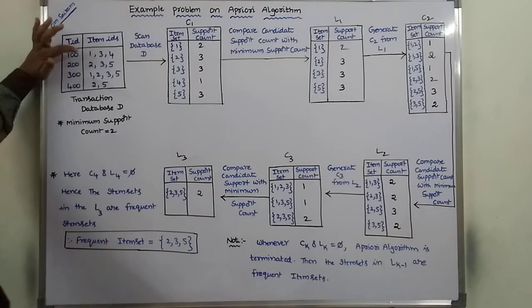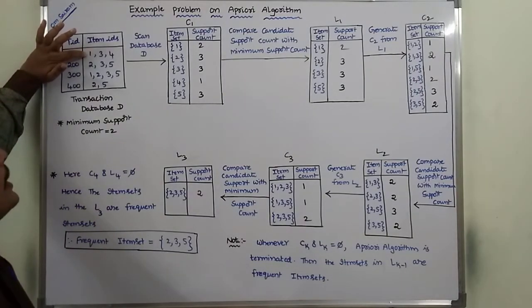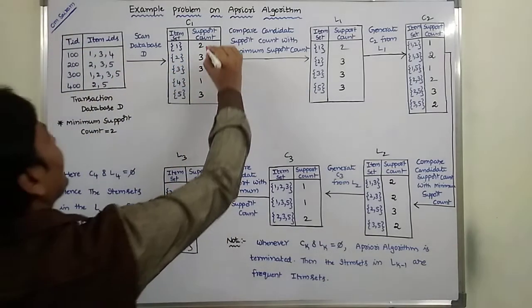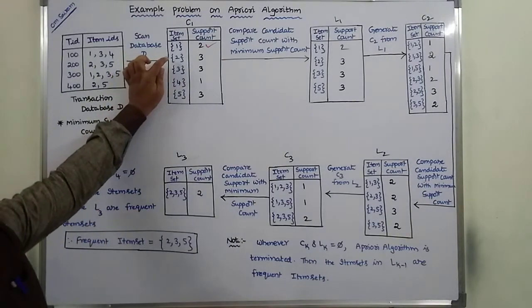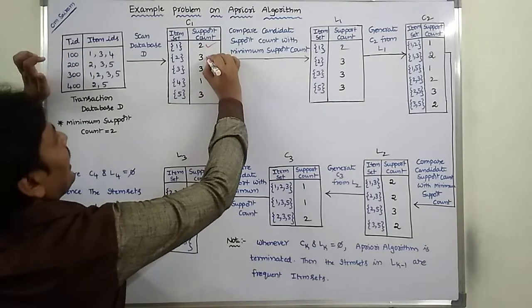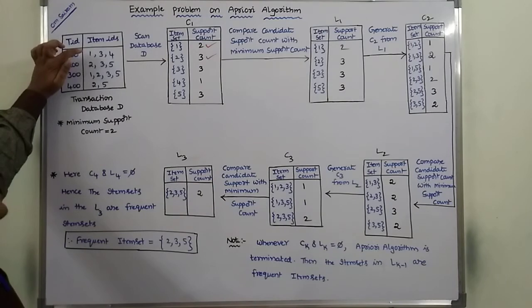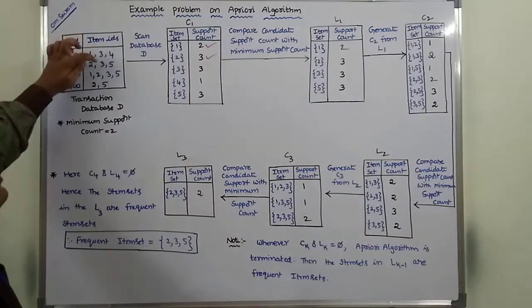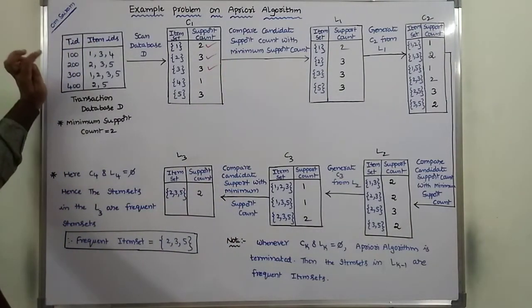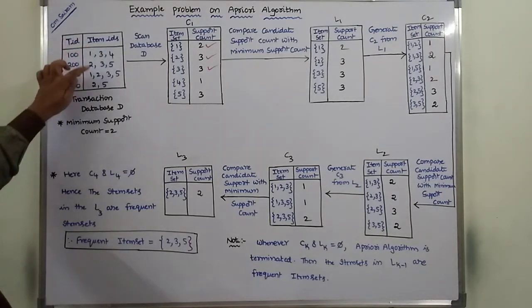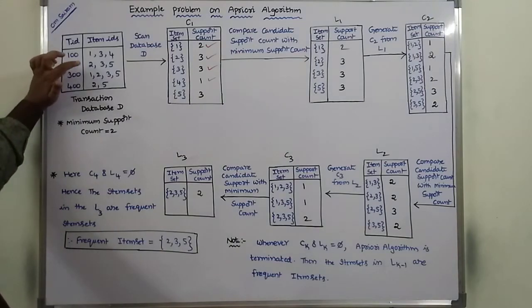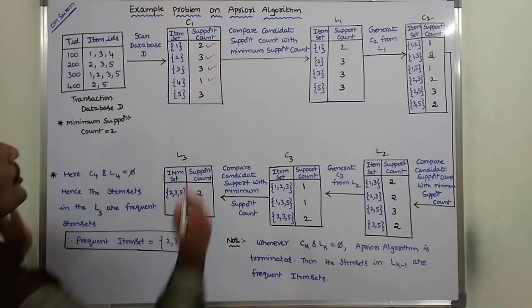First, how many times is item 1 there in the transactional database? 2 times. Next, item 2: 1, 2, 3, so 3 times.